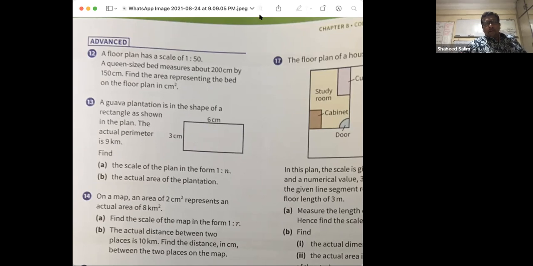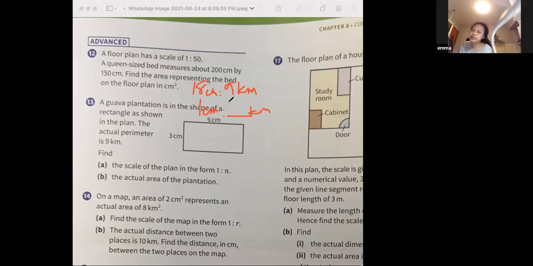Now you must write it like that. 18 cm represents 9 km. So now what you need to do is find what 1 cm represents. How many km? 0.5.